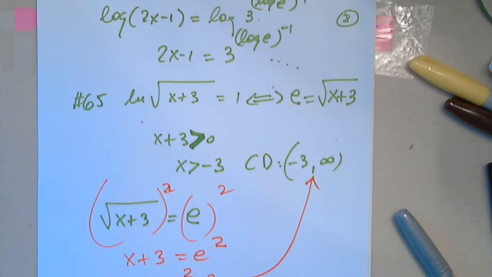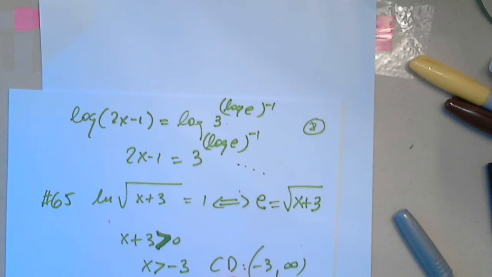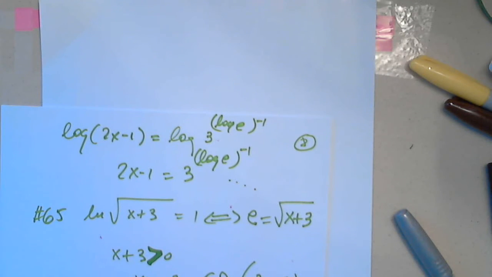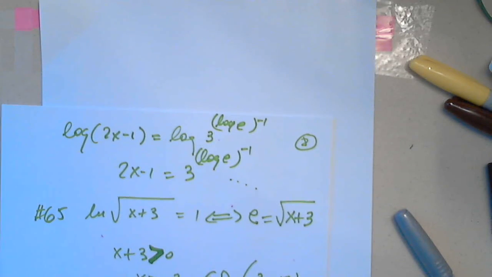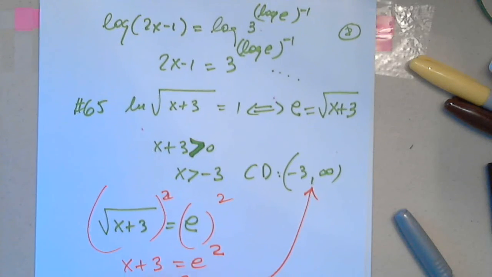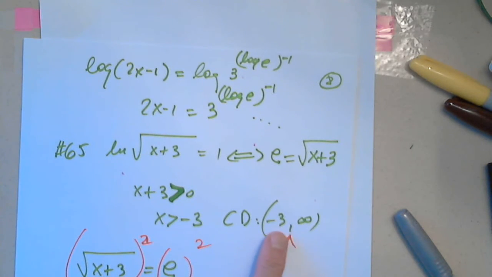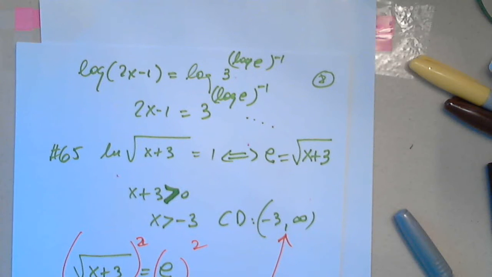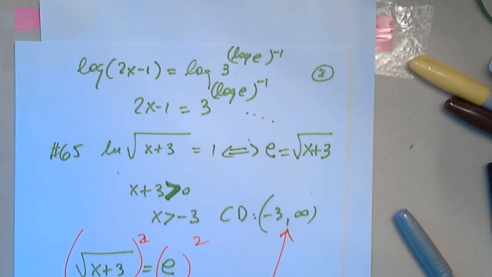If there is no answer, check there is no answer, or the equation has no solutions. So by setting x equal, you're agreeing that it's yes, otherwise you would put no solution. Yes, because this number we checked is in the domain. If this number were, for example, negative 4, I would have said no solutions, because negative 4 is not between negative 3 and infinity. Does it make sense? Okay.